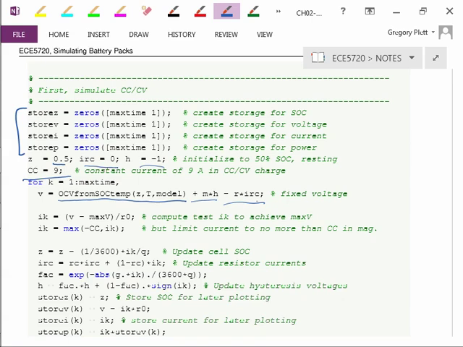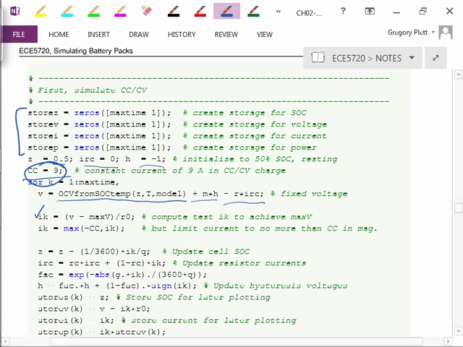Then I compute the current that would be required to achieve the maximum voltage of 4.15 volts as V minus Vmax over R0. And if that current is smaller in magnitude than the constant current value of 9 amperes, then I'm going to use this computed current because using the constant current would exceed my voltage limits.